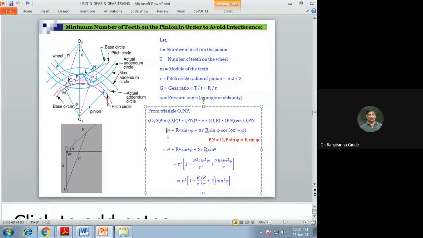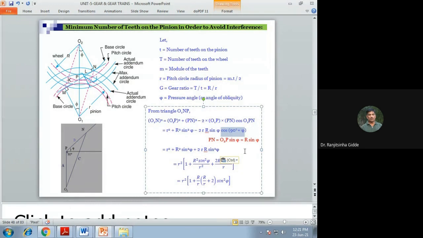Now check the next step. r square as it is, R square sin square phi as it is, 2 times r into R as it is, and previously sin phi. Now what is the value of cos 90 plus phi?